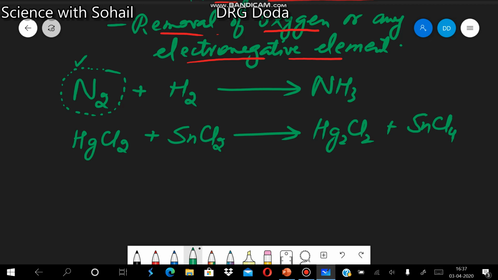Now see carefully what is happening in case of mercuric chloride. Mercuric chloride is changing into mercurous chloride. It means in this molecule an atom of mercury is being added. Now mercury is a metal and is electropositive in nature, so we can say that mercuric chloride undergoes addition of a mercury atom or electropositive element. Therefore we can say that mercuric chloride undergoes a reduction.